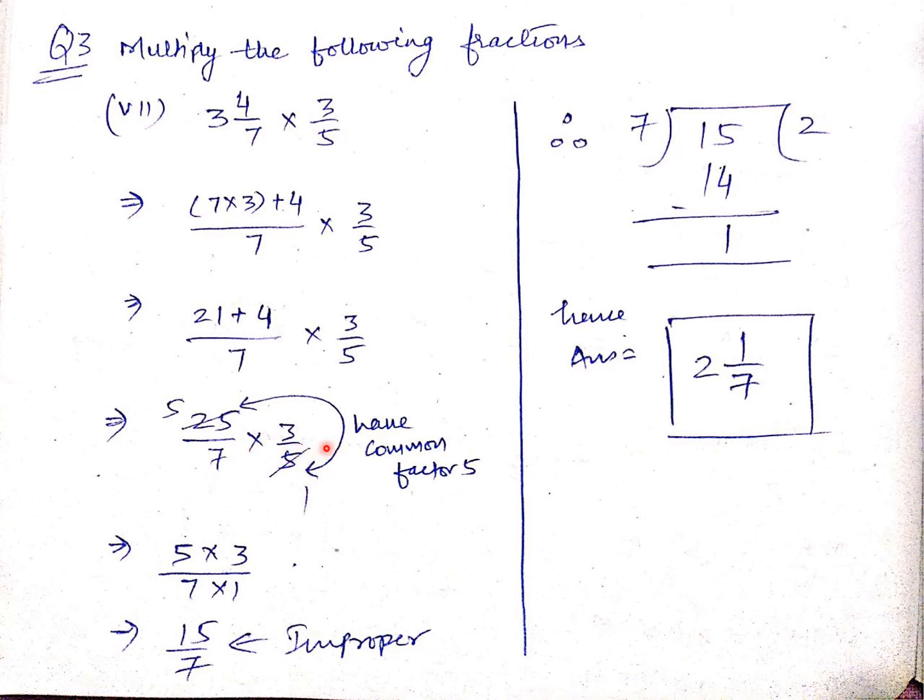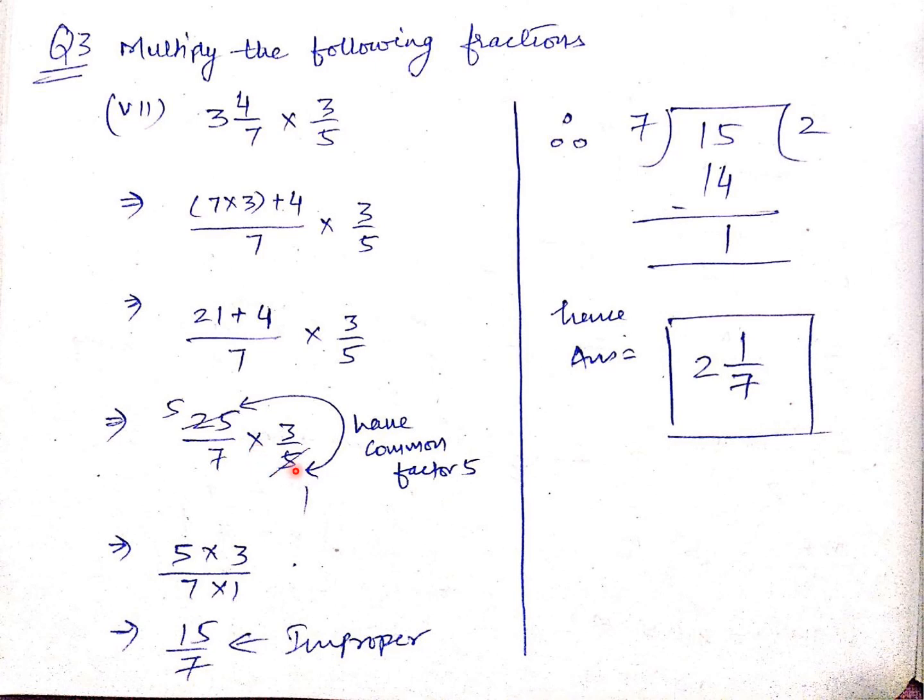Now the same thing came back. Either you multiply numerators and denominators and then you simplify, or you have the chance at this step only to reduce the numbers so that multiplication is easy for you. If you understand, the sign in between is multiplication, so we can divide. I have told you in the last slide only.